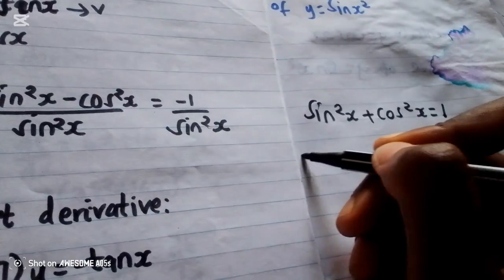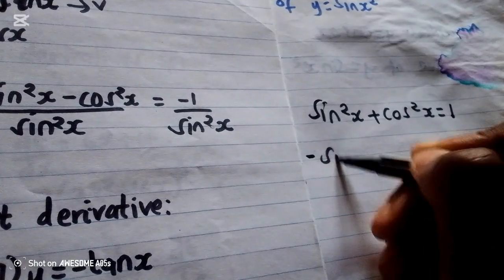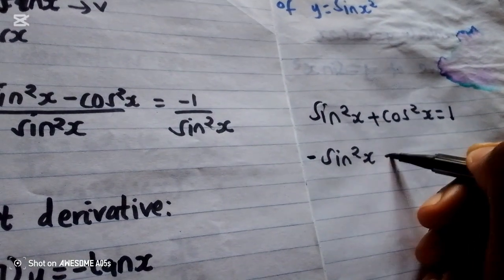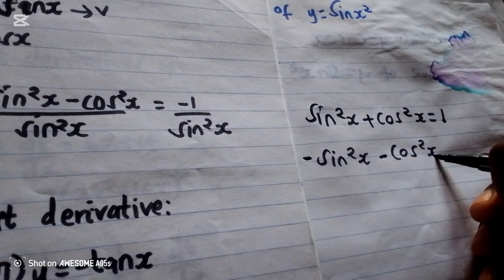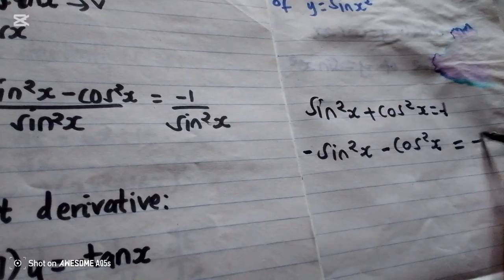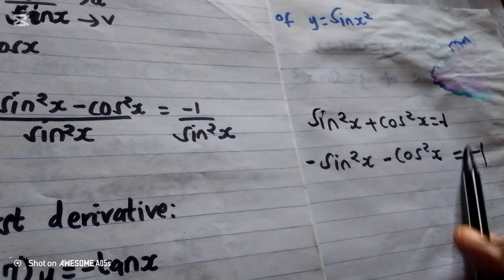So when we put the negative, it will be negative sin squared x minus cos squared x. That is why we are getting negative 1, because of the negative.